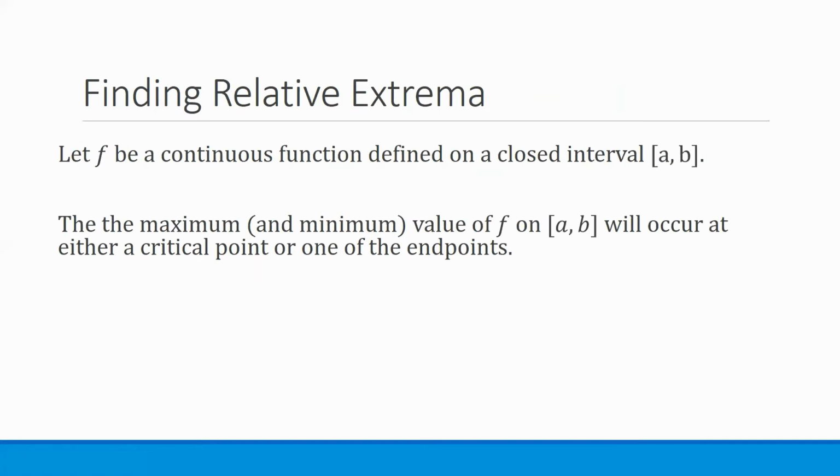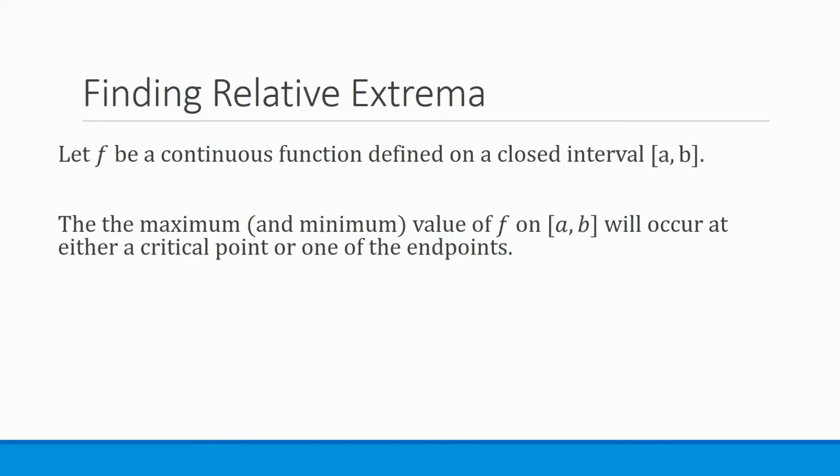So how are we going to find the relative extrema? Well, if I want to find the maximum and minimum value for a function on a closed interval, as long as that function is continuous on the closed interval, then the maximum and minimum values will either happen at critical points or endpoints.